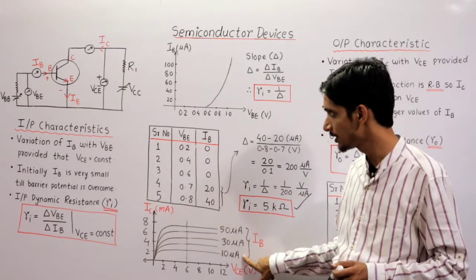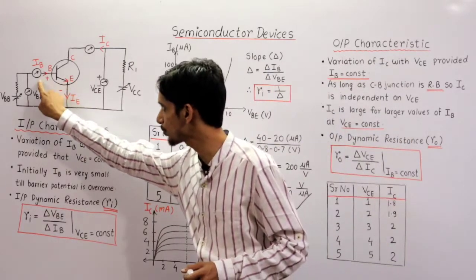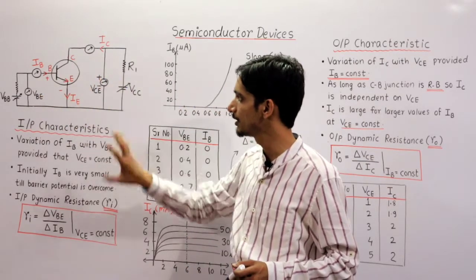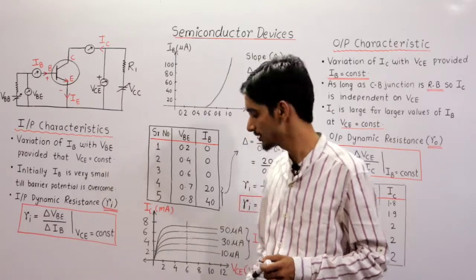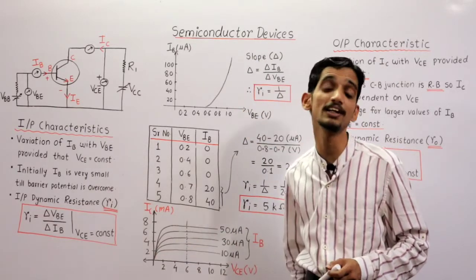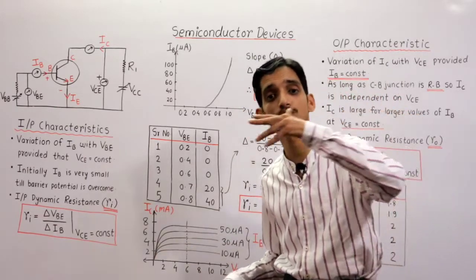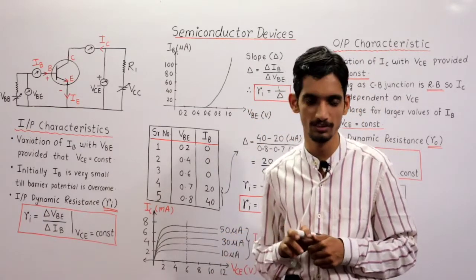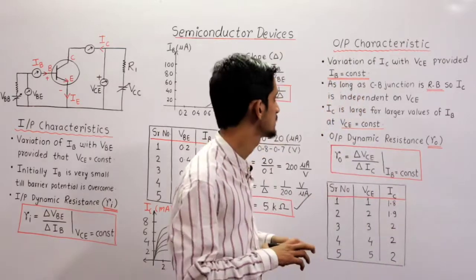If you consider, I am setting this base current at 10 microamps, which is a constant value, and afterwards I am changing this VCE, so that this is a straight line. What does it indicate? It indicates current is almost constant. Why is it almost constant? What is the reason for that?